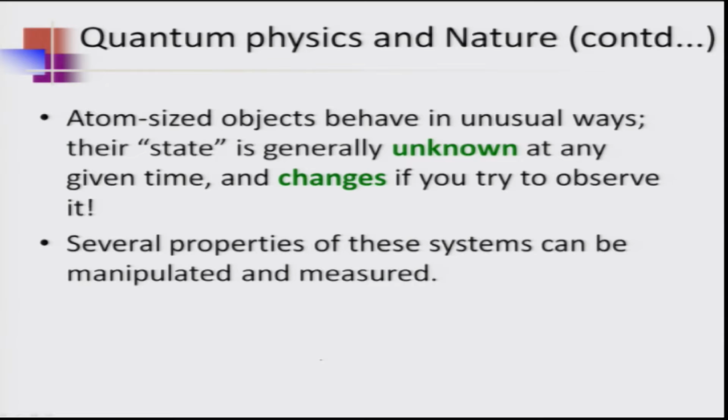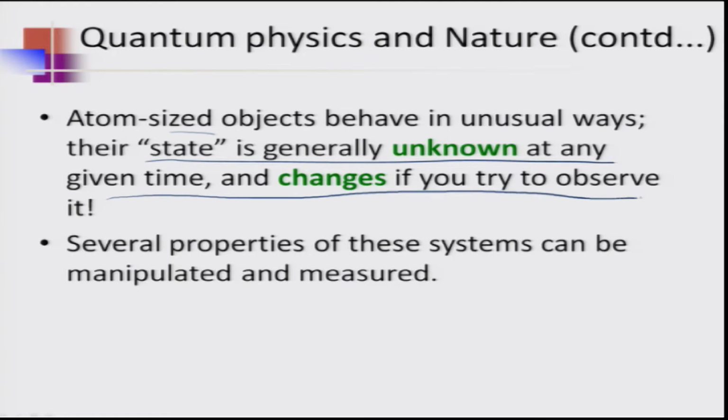One of the interesting concepts of quantum mechanics is that atom-size objects behave in unusual ways because their state is generally unknown at any given point of time and changes if you try to observe it. This is a very important aspect of quantum mechanics which is different from classical ones.